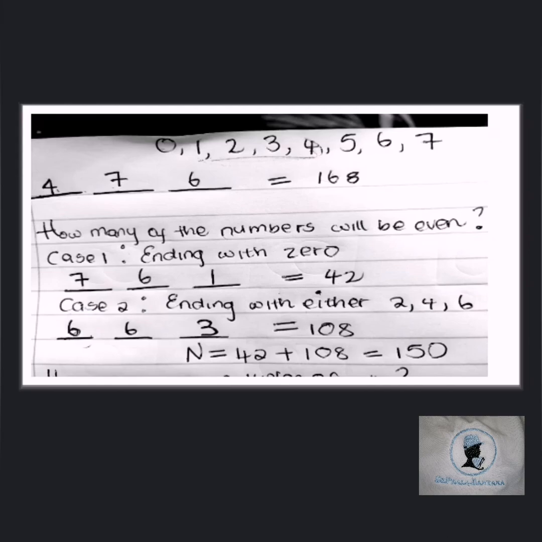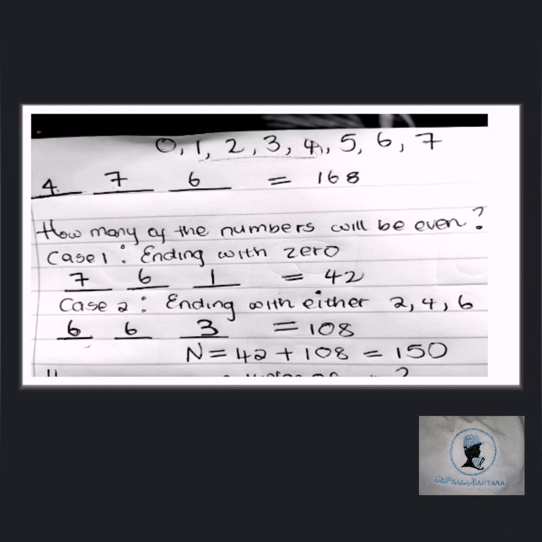There's 7 digits you can choose from. So now from the 7, you are going to remove the one that you've chosen and choose from the remaining 6 digits, because we are trying to meet the condition that says without repetition. So you are going to have 7 times 6 times 1 equals 42.